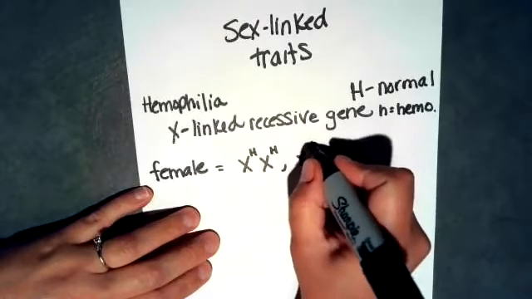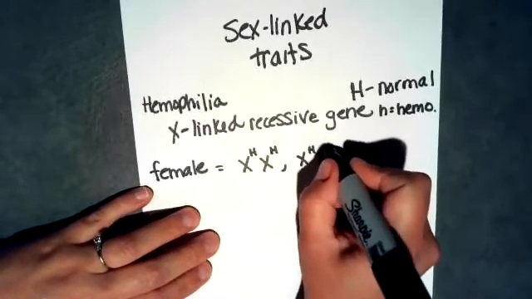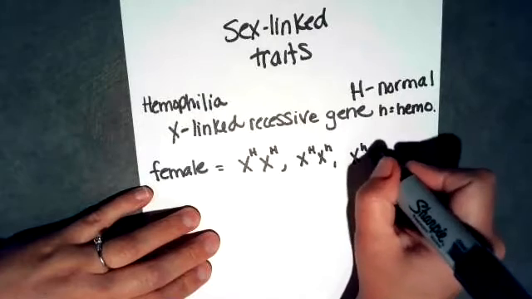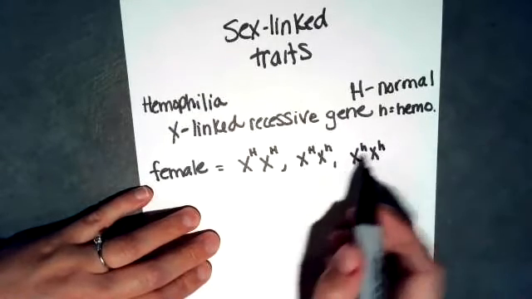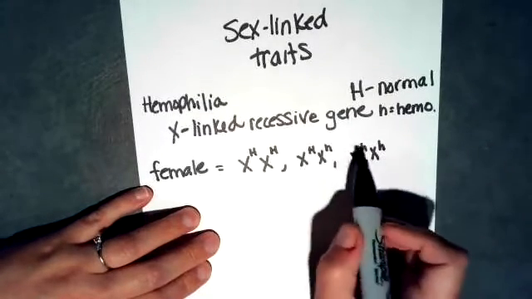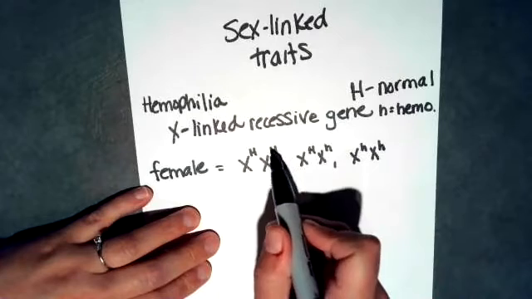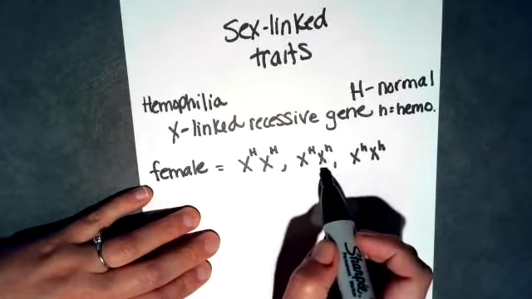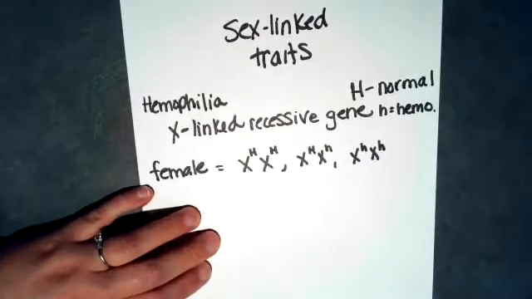They could be heterozygous, or a female could have hemophilia, which would be X and two little h's. So the letters really work the same as the dominant recessive Mendelian traits. It's just that we're going to put them on the X chromosomes.